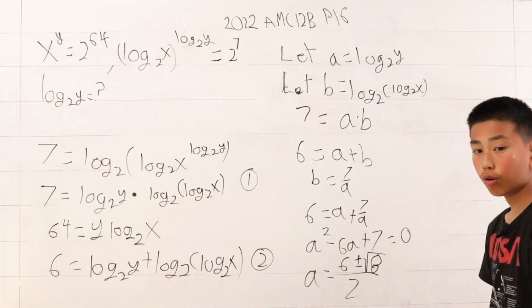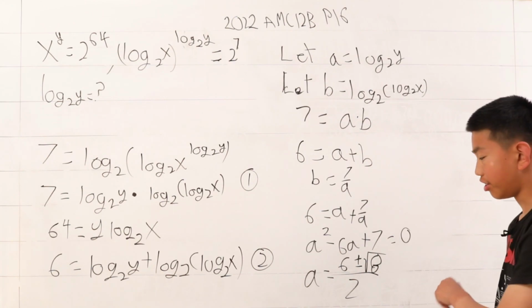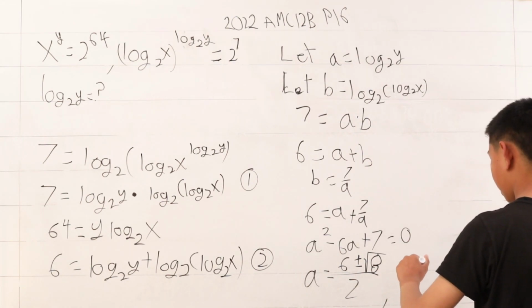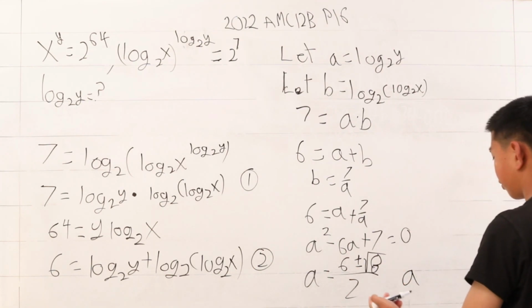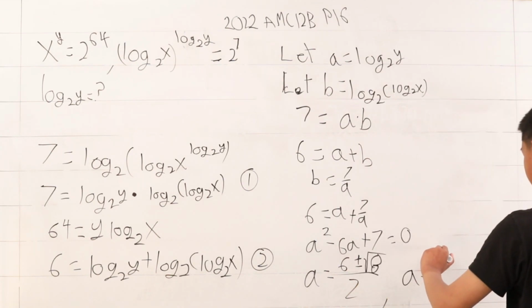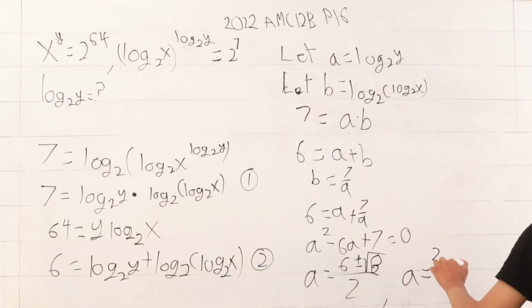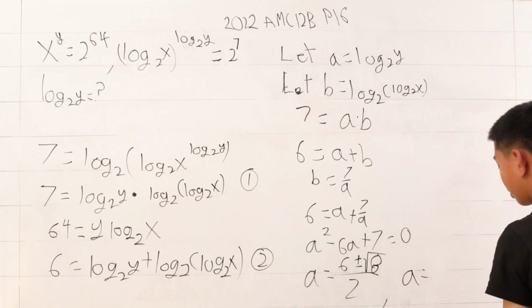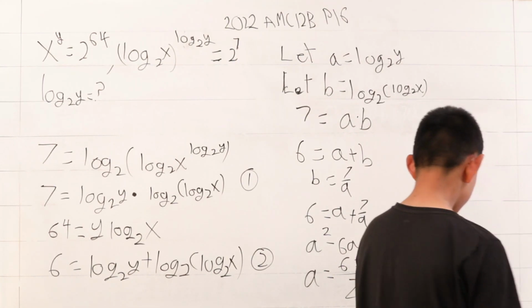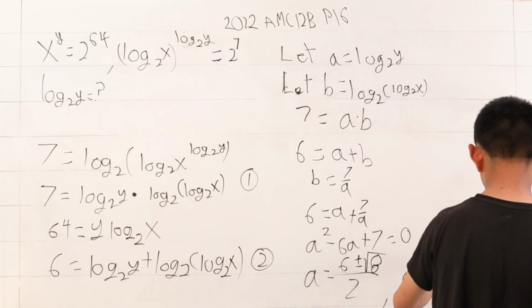So 8 is 4 times 2, and 4 is a square, 2 squared. So basically, you can take out the factor of 2 and then divide by 2 again. So to get our final answer for a, since you divide by 2, the divide by 2 is gone. It's now just 3 plus or minus the square root of 2.